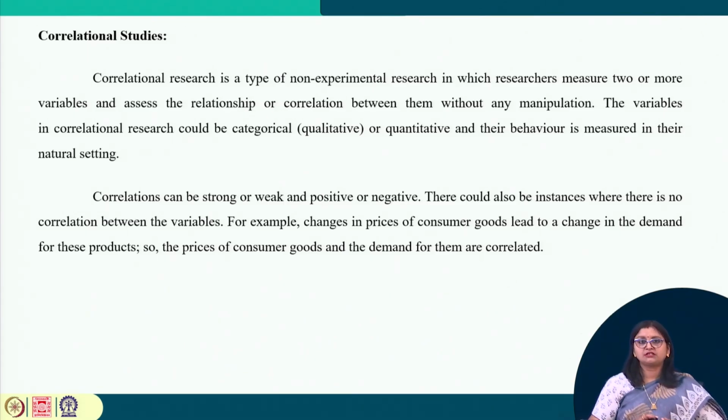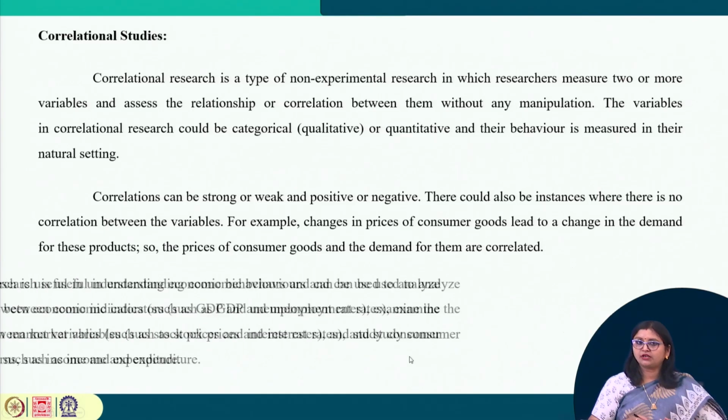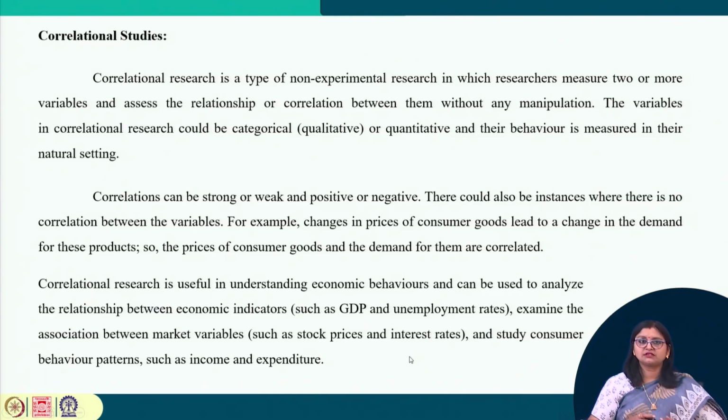For example, changes in prices of consumer goods lead to a change in the demand for these products. So, the prices of consumer goods and the demand for them are correlated. Correlational research is useful in understanding economic behavior and can be used to analyze the relationship between economic indicators such as GDP and unemployment rates.